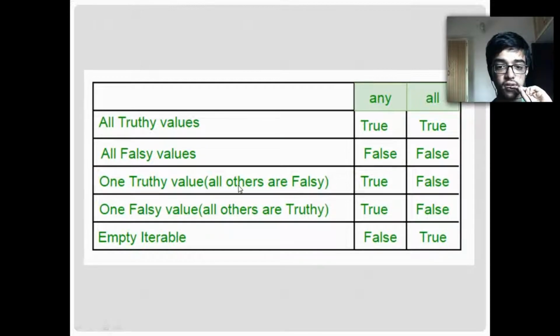One truthy value, all others falsy: truthy also means true. For any it is True, because at least one true value is there, right? But all is False, because for all, everything should be true.